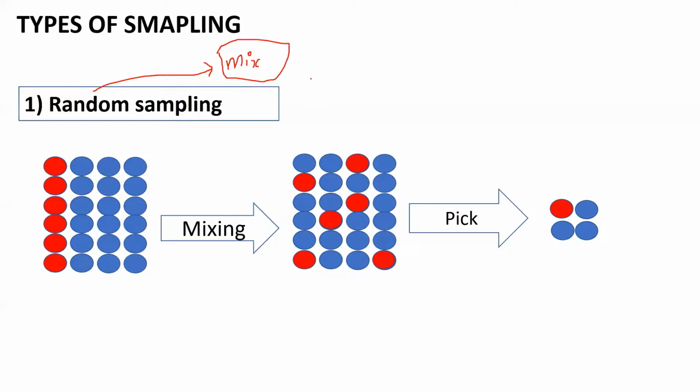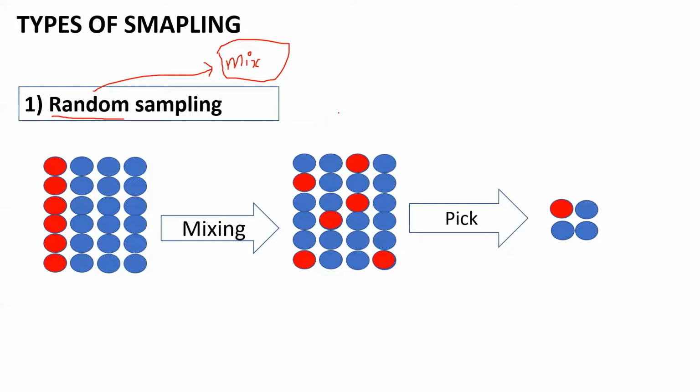So by the time you mix and then you draw, everyone in that population has a chance to be selected based on the fact that you've mixed them. So when you do that, we say you are conducting a random sampling. Random means that anyone in that population has a chance to be picked because the population is homogeneous. It's a homogeneous mix, and you do mixing to ensure homogeneity.